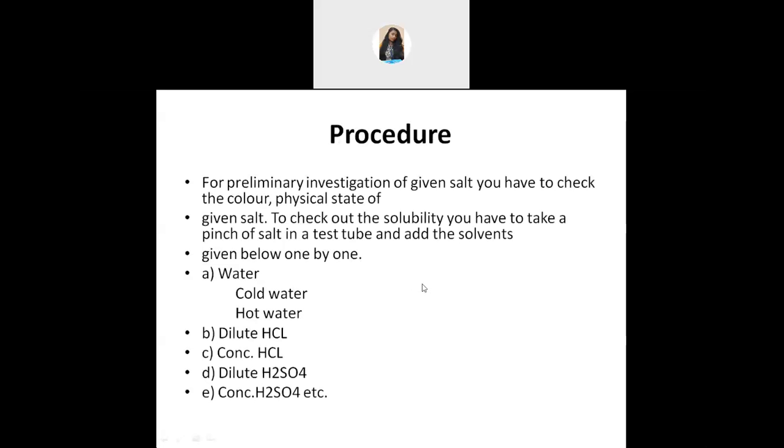So how to do this practical in the lab? For preliminary investigation of a given salt, you have to check the color. You can easily see the color by your eye. The color can be blue, white, or orange. Many colors you can find for salts because so many salts are present in the laboratory, right?